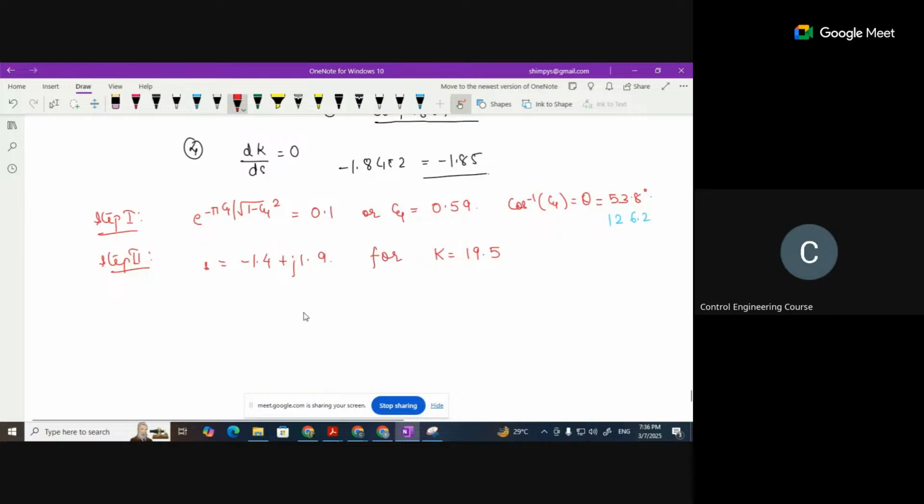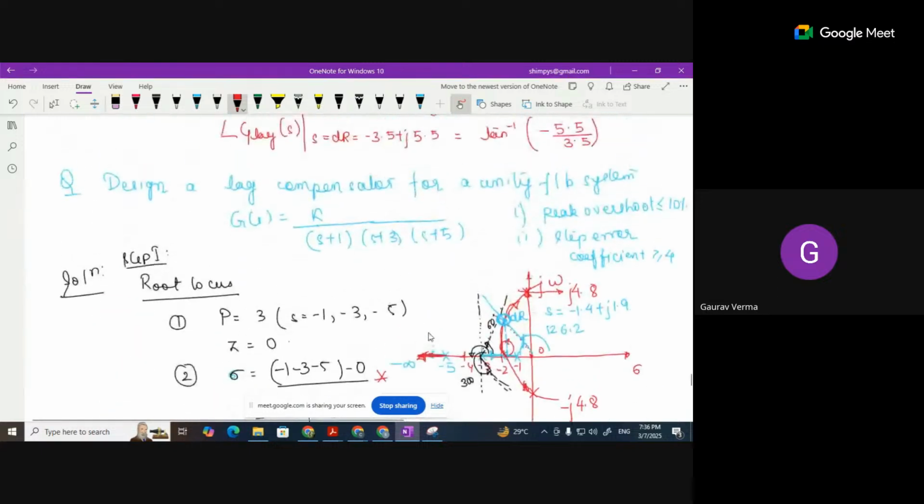So here in the problem, the step error coefficient is given, right? So Kp for the uncompensated system is limit s tends to 0 of G(s). Sorry for interrupting you, can we go through this step? How did we arrive at s equals minus 1.4 plus j 1.9?